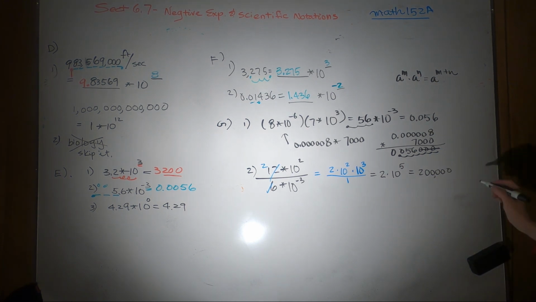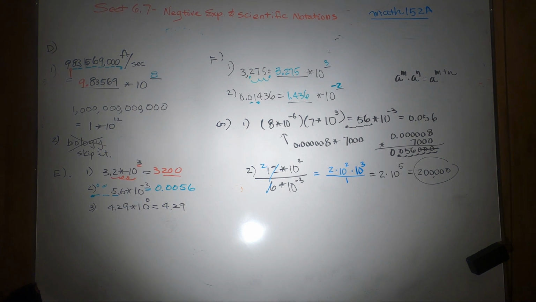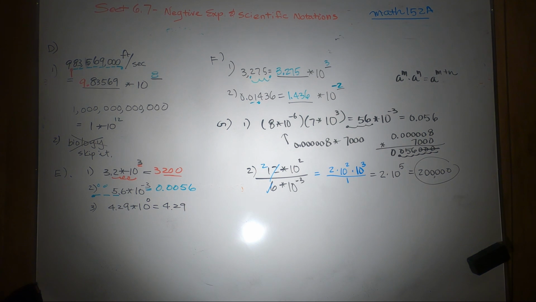Right? Much easier and better for accuracy as well. Right? So that would be our section 6.7 for the negative exponents and scientific notations.